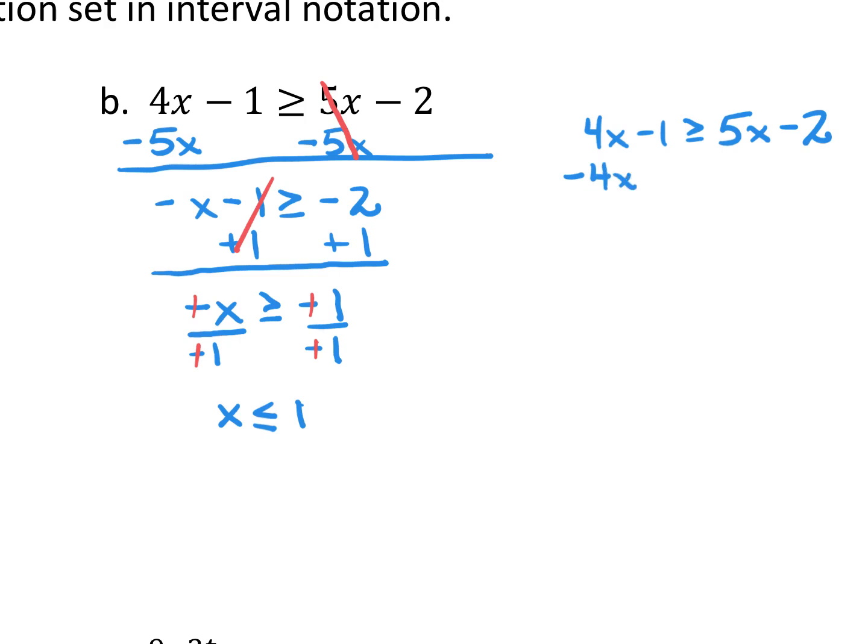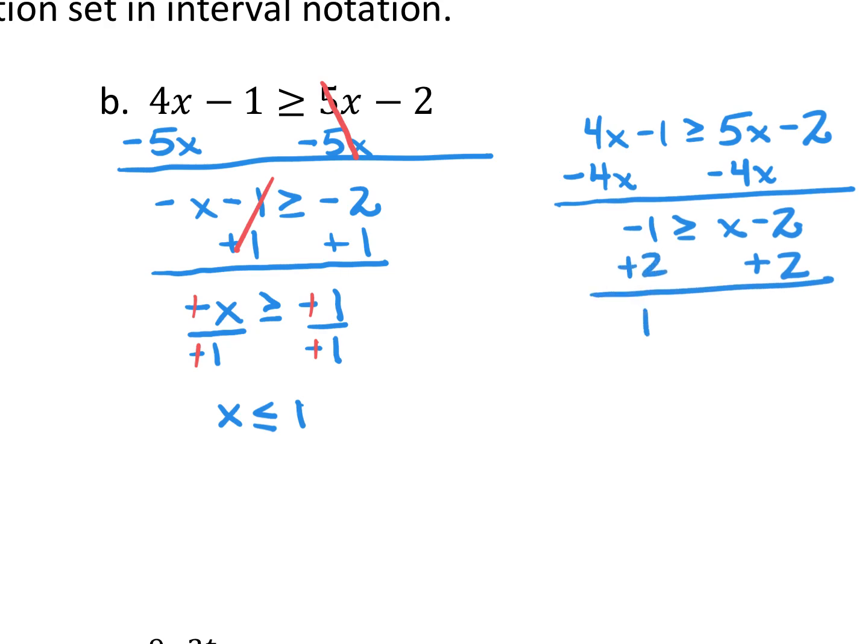So I can subtract 4x. We get -1 is greater than or equal to x minus 2. And then we want to add 2 to both sides. And we get 1 is greater than or equal to x.